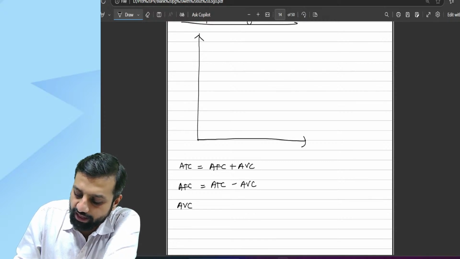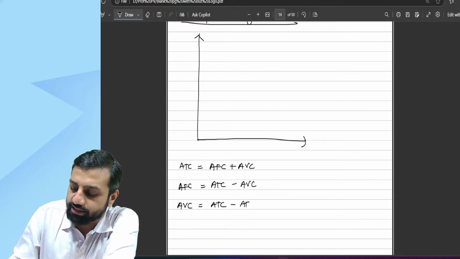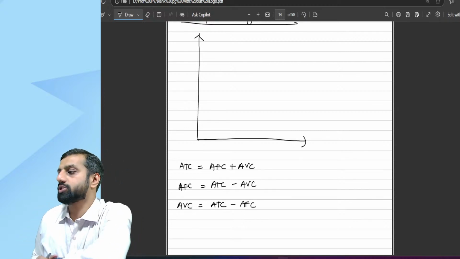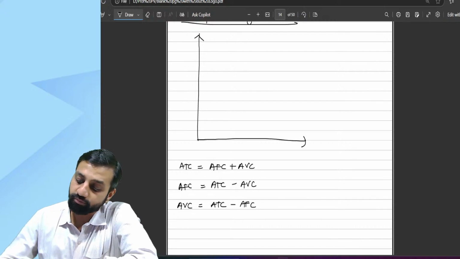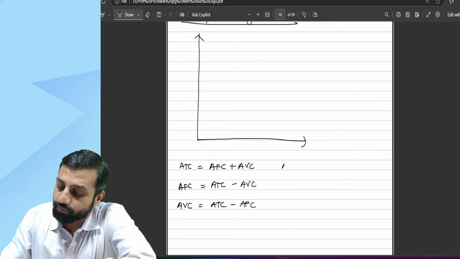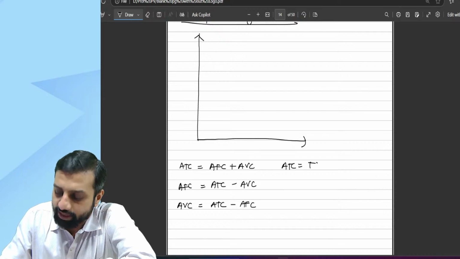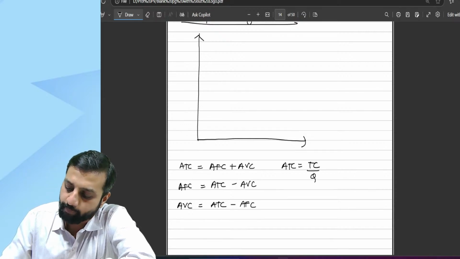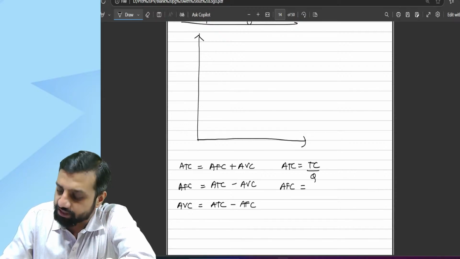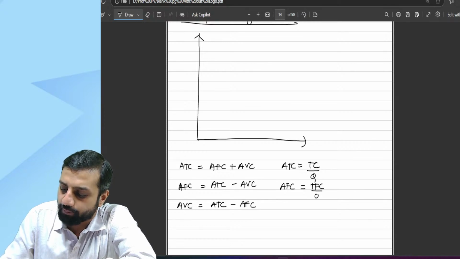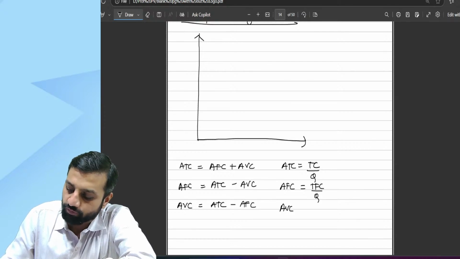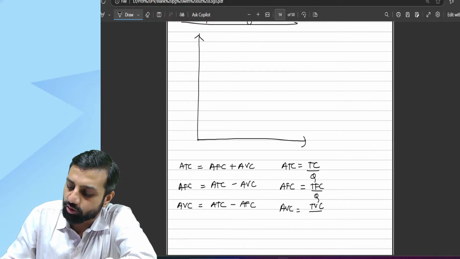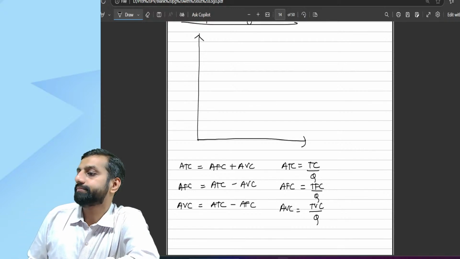Average variable cost is equal to average total cost minus average fixed cost. We can also write these formulas as ATC is equal to TC upon Q, AFC is equal to TFC upon Q, and AVC is equal to TVC upon Q.